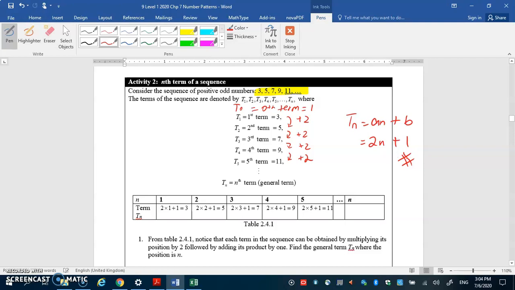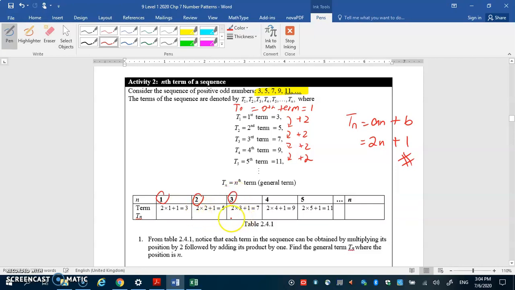Very simple. Okay, but this question is just telling you how to see the pattern. So you can also use a table. When n is 1, your t1, right? The term itself was 3. And how do you get 3 from 1? It will be 2 times 1 plus 1. When n is 2, it will be 2 times 2 plus 1 to get 5.